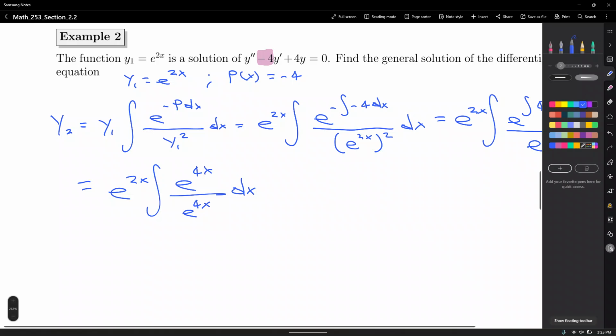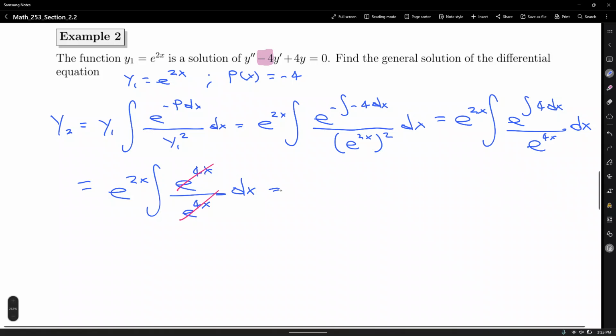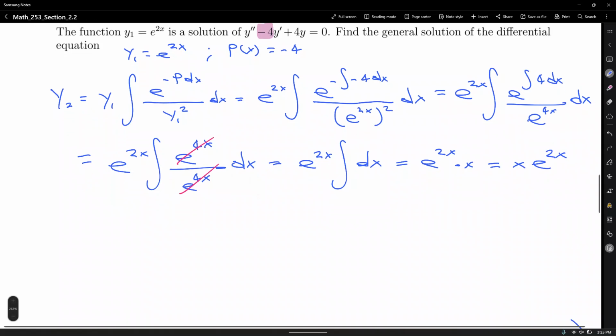And in this case, we'll see how these two reduce. These two cancel out. So that equals e to the 2x integral of dx, which is simply e to the 2x times x, which I'd rather have as x e to the 2x. All right, so that is our second solution, y sub 2.